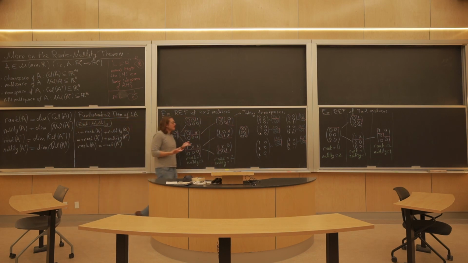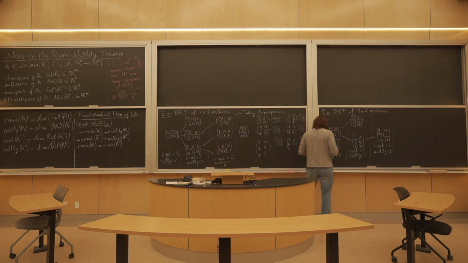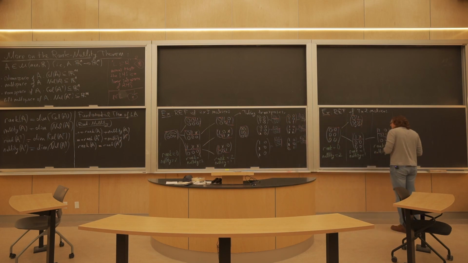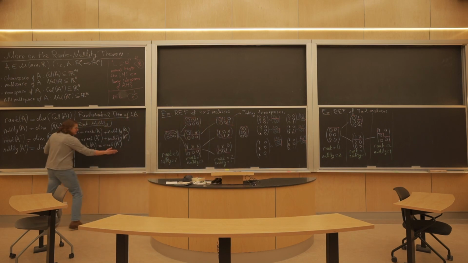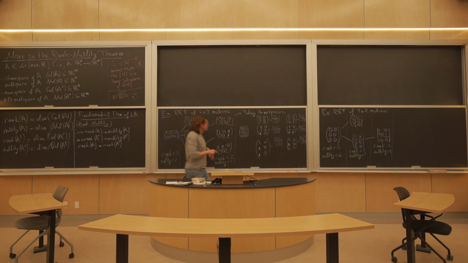That wasn't the case anymore. But still, the rank was preserved. Not necessarily the nullity, because that's not what I'm claiming here. I'm claiming that when you take the transposes, ranks are preserved. So let me write it here.